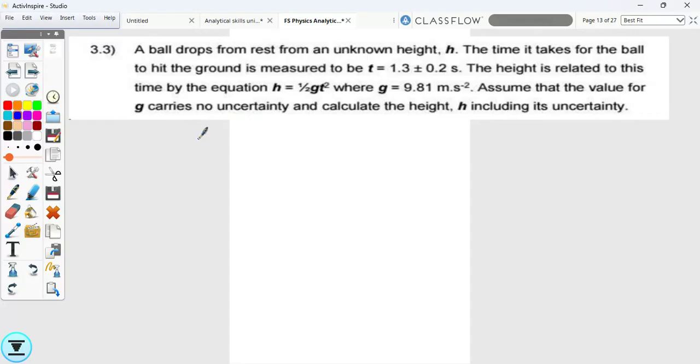We're going to say the height is equal to. Now remember, when you're doing that, again, forget that you have anything like an uncertainty. So it's just going to be half gt squared. And it doesn't even matter that you haven't done this yet in core physics.